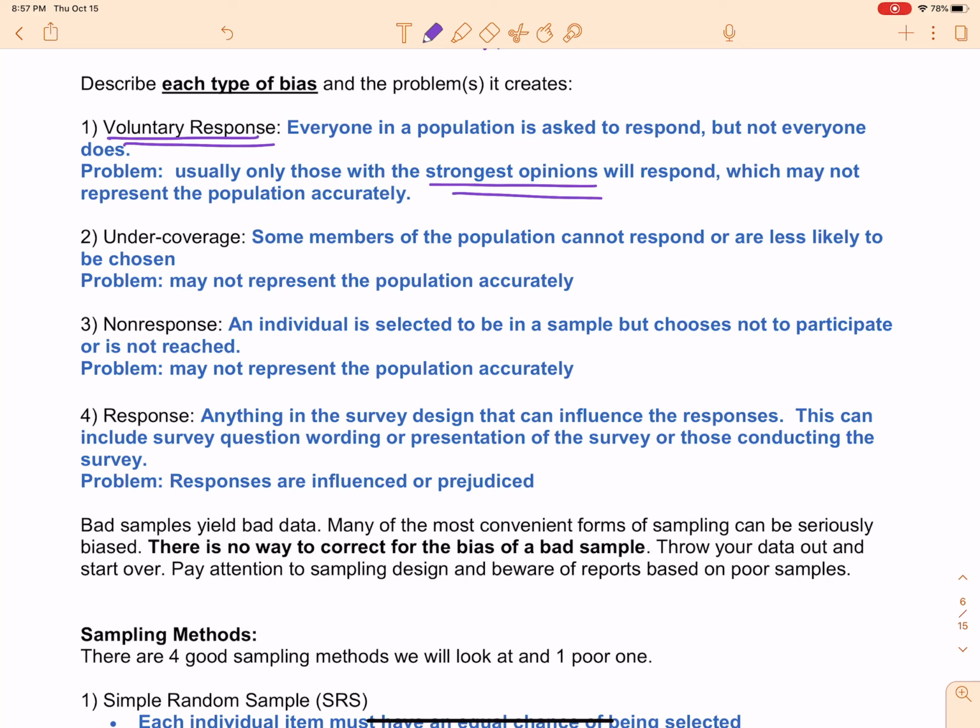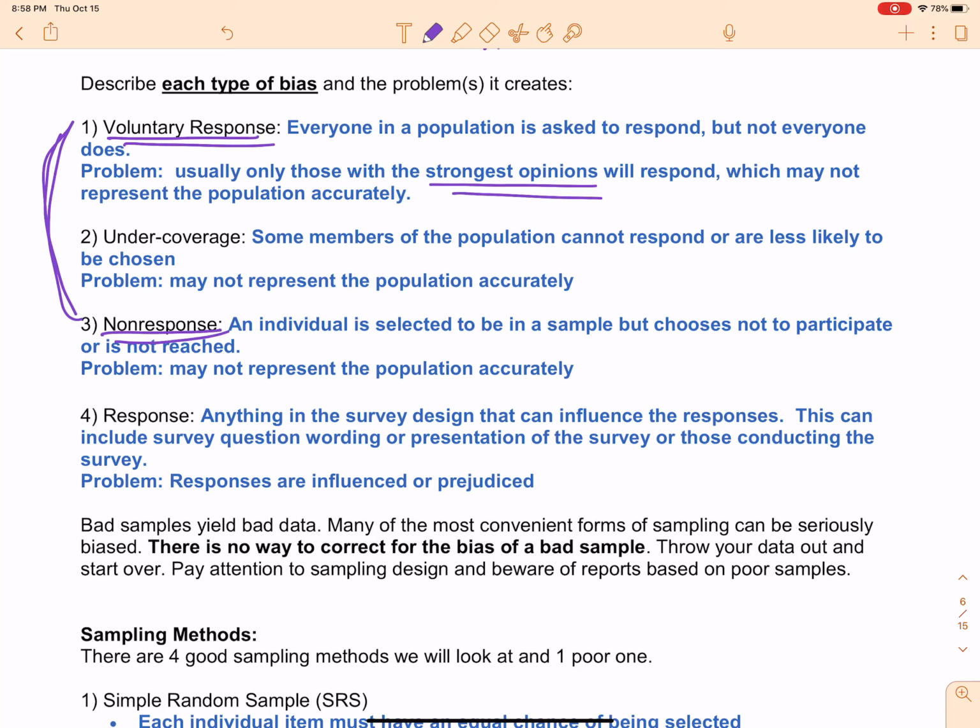Okay, non-response. Non-response and voluntary response are two that a lot of people get mixed up. Because a non-response is when an individual is selected to be in the sample, but they choose not to participate, okay? Or they are not reached in order to participate. The difference between voluntary response and non-response is the idea of expectation.